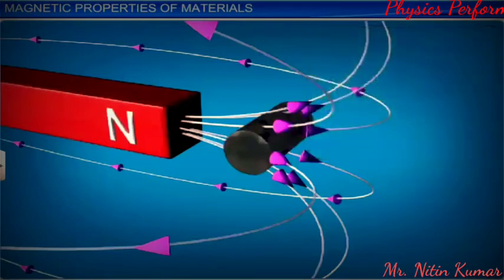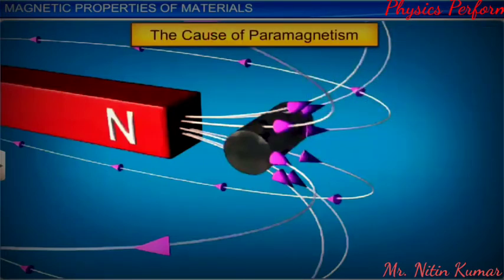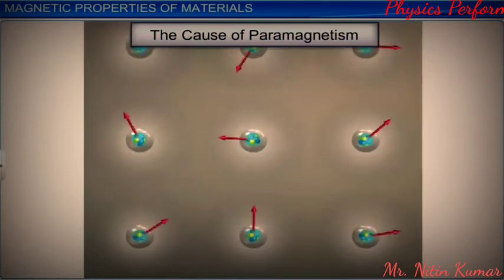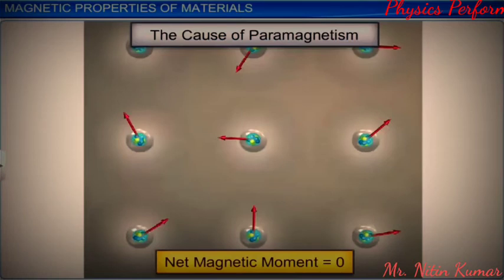Now let us discuss the causes of paramagnetism. In paramagnetic material, individual atoms possess a permanent magnetic dipole moment due to the orbiting electrons in the atom. But, due to random thermal motion of the atoms, the net magnetic moment of the material is 0.